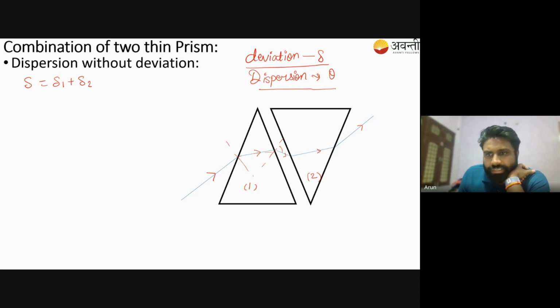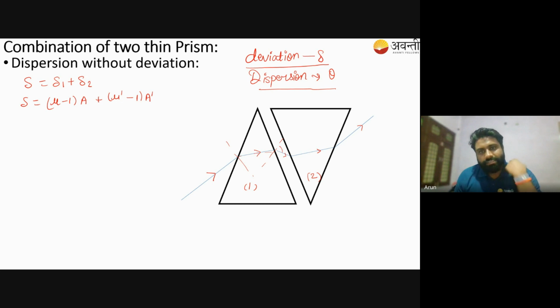The deviation by thin prism is also del 1 plus del 2. The glass slab is also del 1 plus del 2. So here we have two materials, so we have two types of deviation. Now del 1 is nothing but, these are thin prisms, so (mu minus 1) into A, and it is (mu dash minus 1) into A dash.